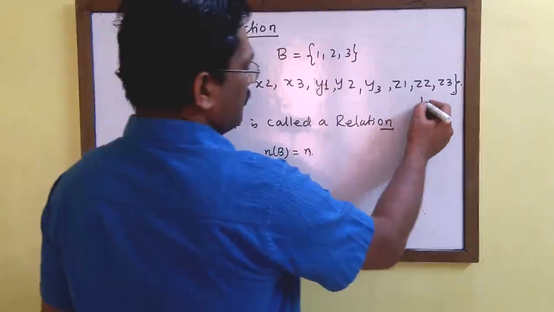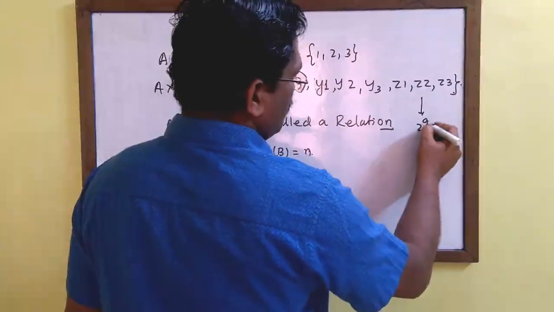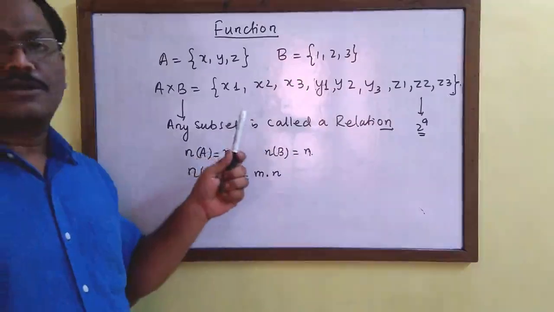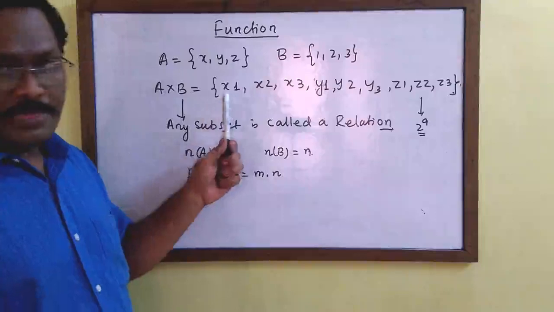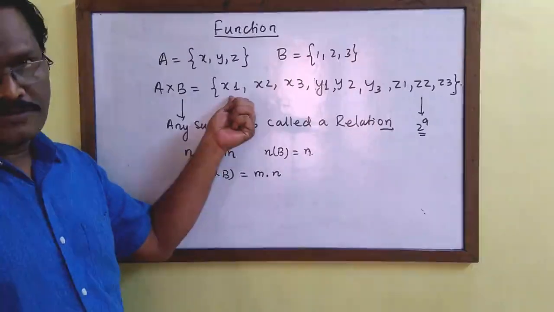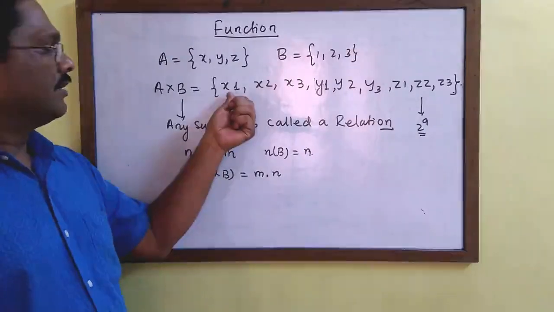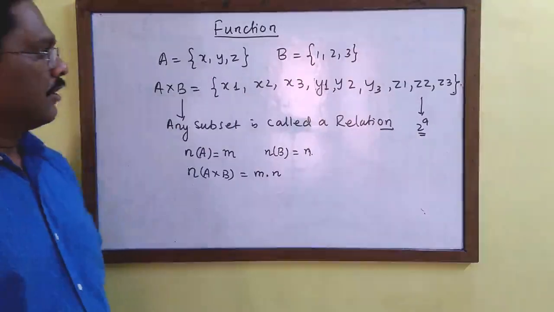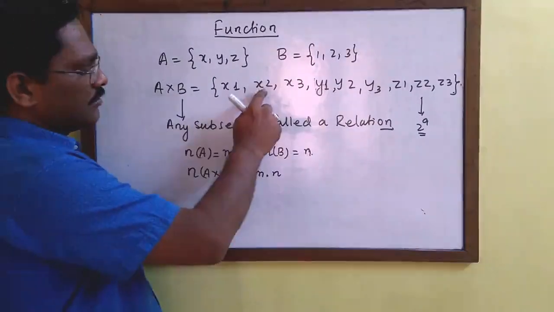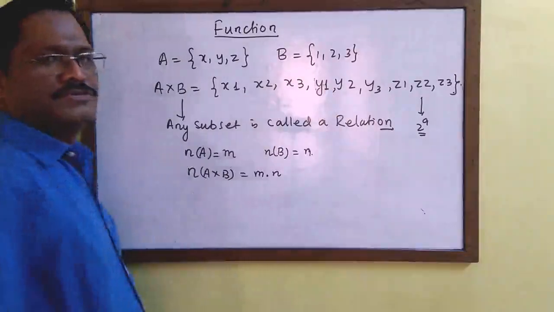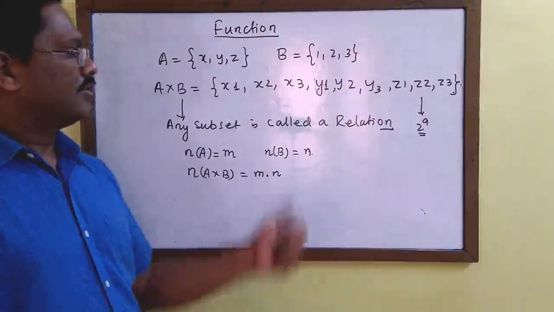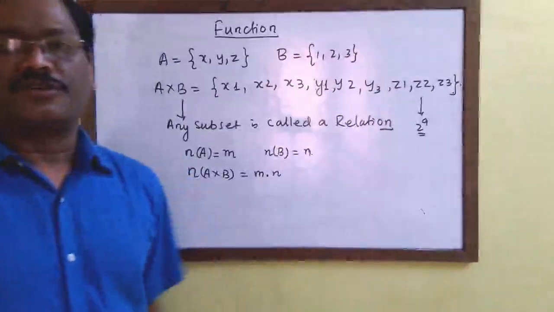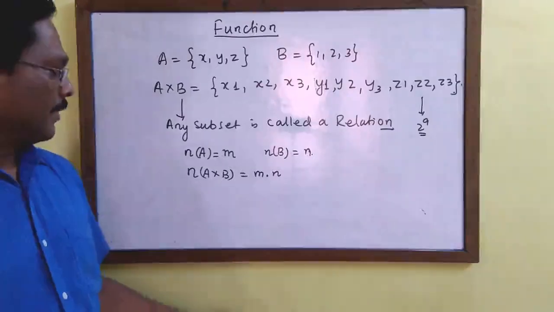We can form 2 to the power 9 subsets. As far as subsets is concerned, there are only 2 options for each element: either it is included in the subset or not. So for 9 of them, how many options are there? 2 into 2 into 2, 9 times. That makes it 2 to the power 9.